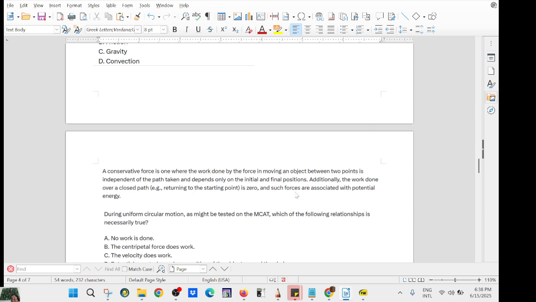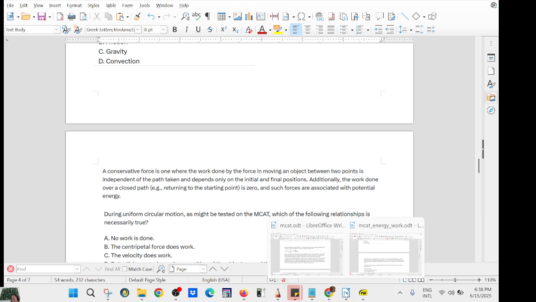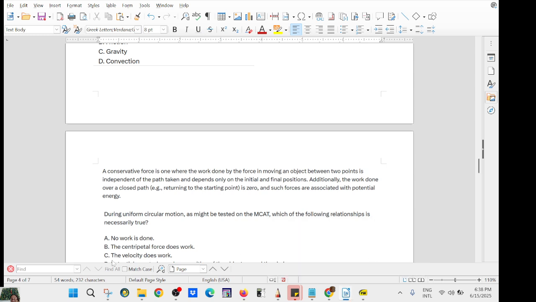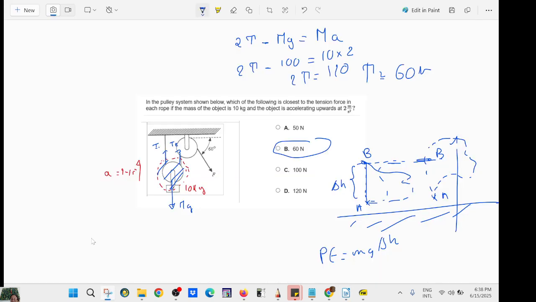So that conservative force is a restoring force. It wants to bring back the system to its initial position, right? So gravity, for example, is derived from potential energy.